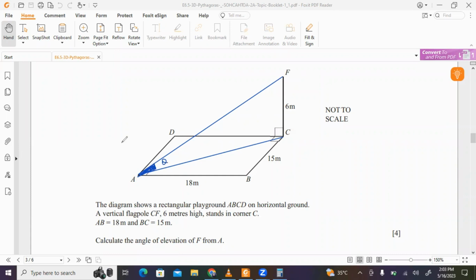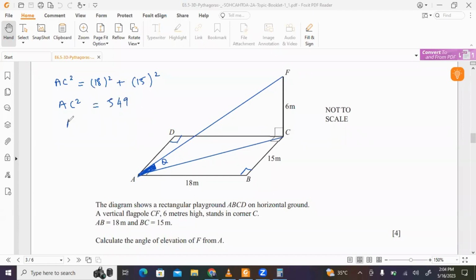So in order to find this angle, first we need to find the length of AC. As you can see, these are at right angles, so B and D are also at right angles, and we can use Pythagoras to calculate AC. So AC squared equals 18 squared plus 15 squared, which equals 549.